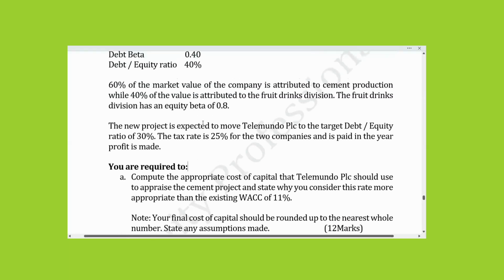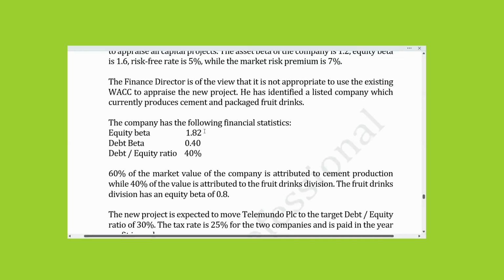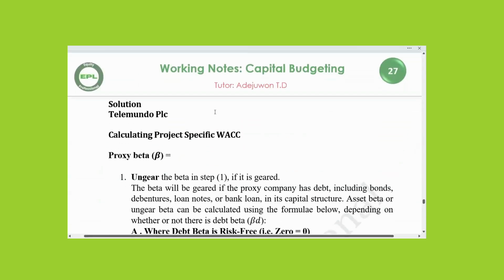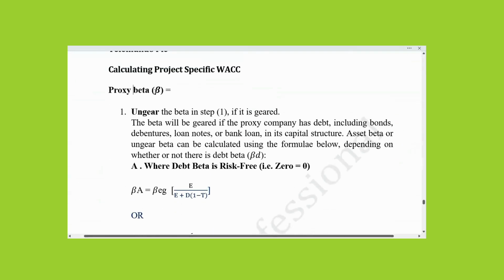So if you are unable to determine the beta of cement, there is no way you'll be able to solve the question appropriately. So the proxy company is into cement and packaged fruit drinks, and we are given a combined equity beta of 1.82. Therefore, I will then come here: proxy beta of cement. I'm looking for the proxy beta of cement.